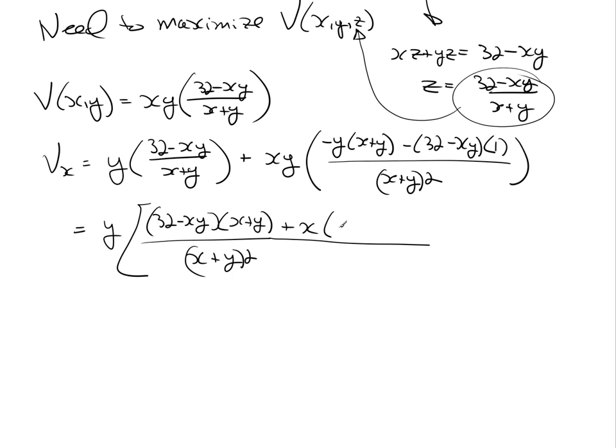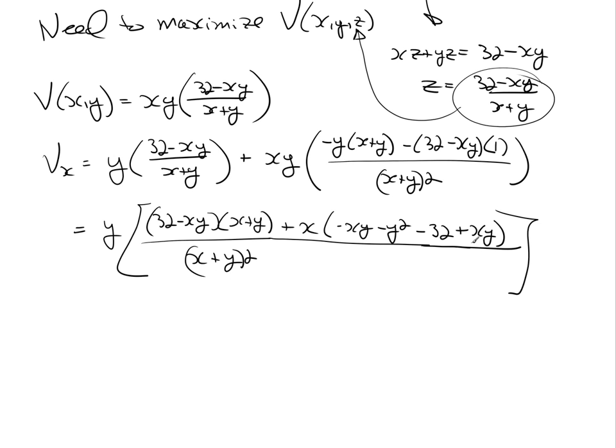I'm going to have a negative xy minus y squared minus 32 plus xy. And of course this all has the same denominator now.